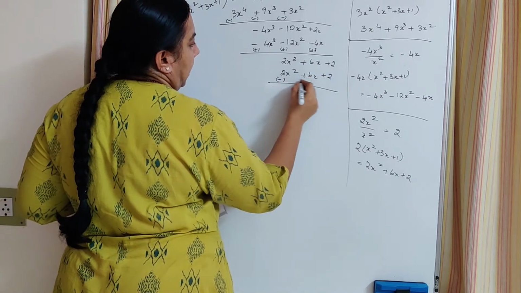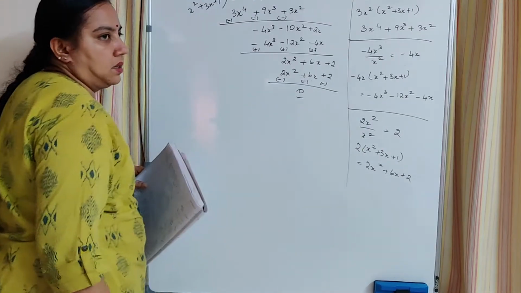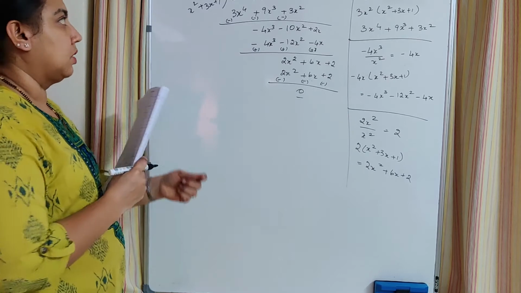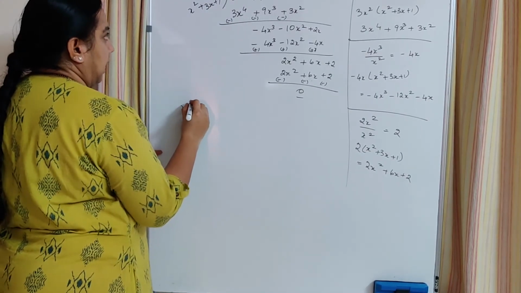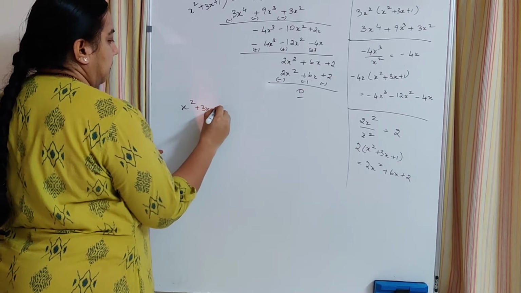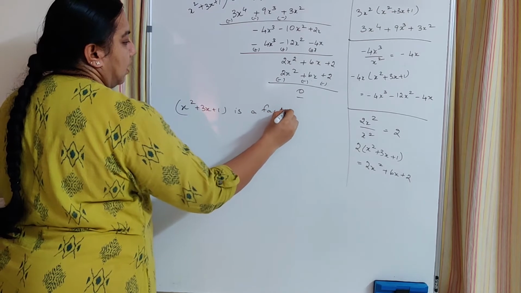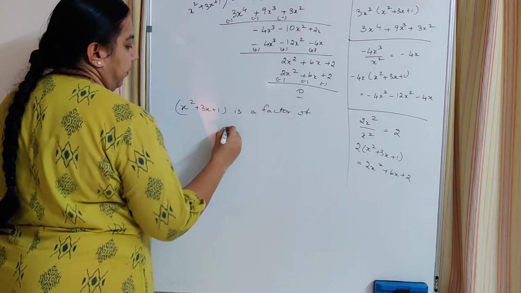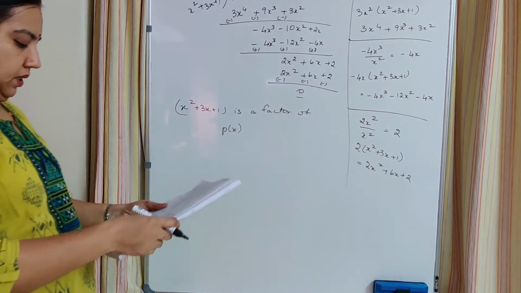I am changing the symbol as it's subtraction. So all the terms get cancelled and it's becoming 0. It means this x square plus 3x plus 1 is a factor of P of x. That is the result what we wanted.